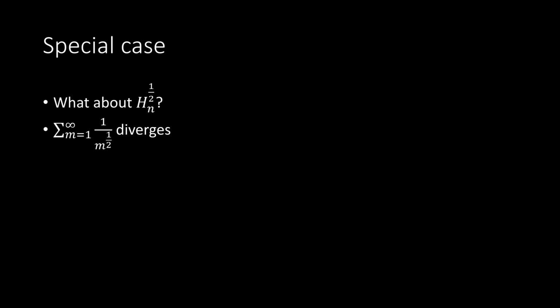As a little hint maybe, we already know that the harmonic series, which would be m to the power of 1 instead of 1/2, also diverges. And then it's basically clear that this one has to diverge as well.